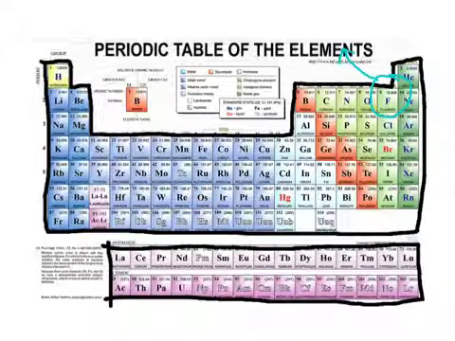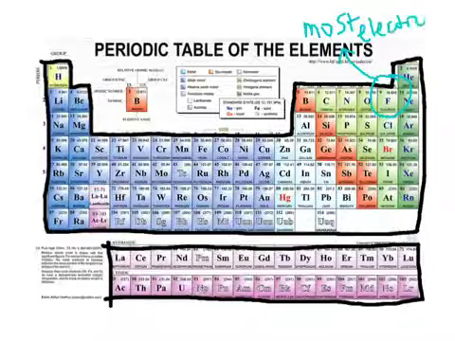He's small, but he's mighty and he's fierce. He's like a little pit bull. He is going to be the most electronegative. I'll just put a little negative sign there. So the most electronegative is fluorine.